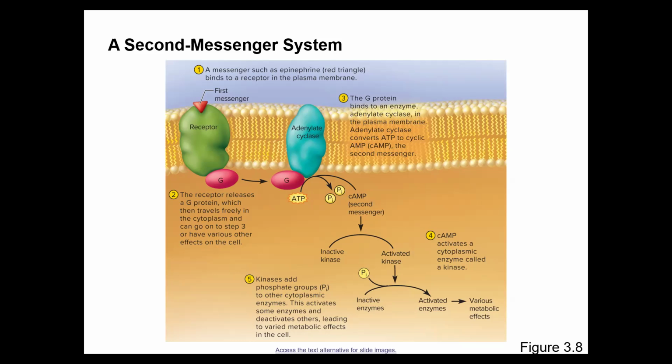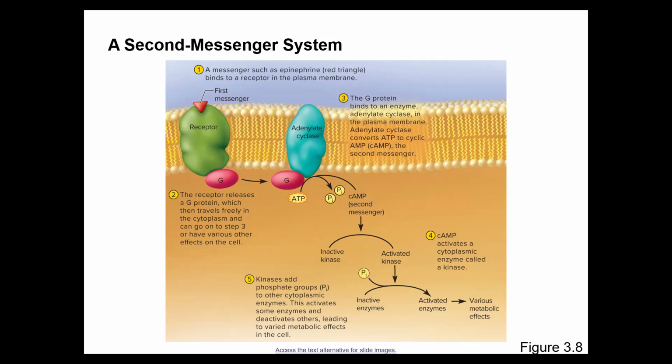that is embedded in the cell membrane, known as adenylate cyclase. And adenylate cyclase is going to do something very important for us: it's going to convert ATP, known as adenine with 3 phosphates, triphosphate, into AMP.